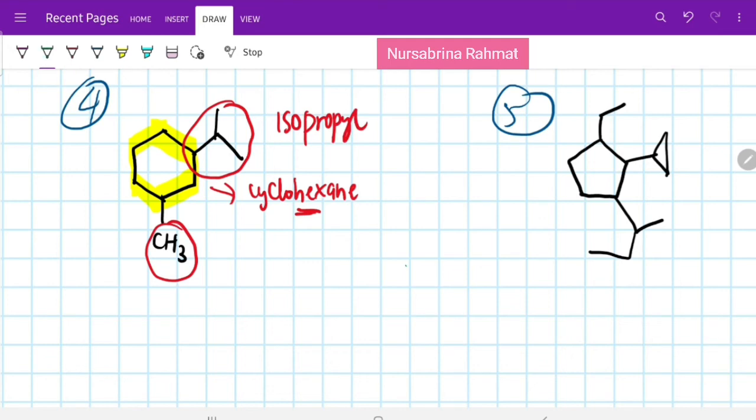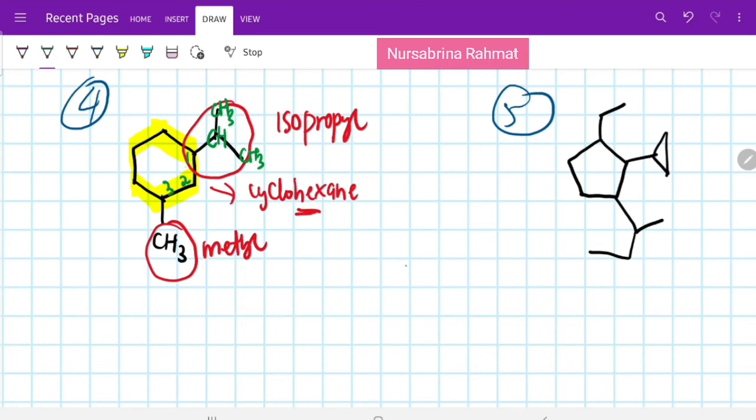Why do I say so? Because if we write down the formula, CH and CH3 and CH3, which looks like a chicken feet, so it's isopropyl. And then I have another substituent here, which is your methyl. I'm going to start numbering from the first substituent, so first, second, and third.